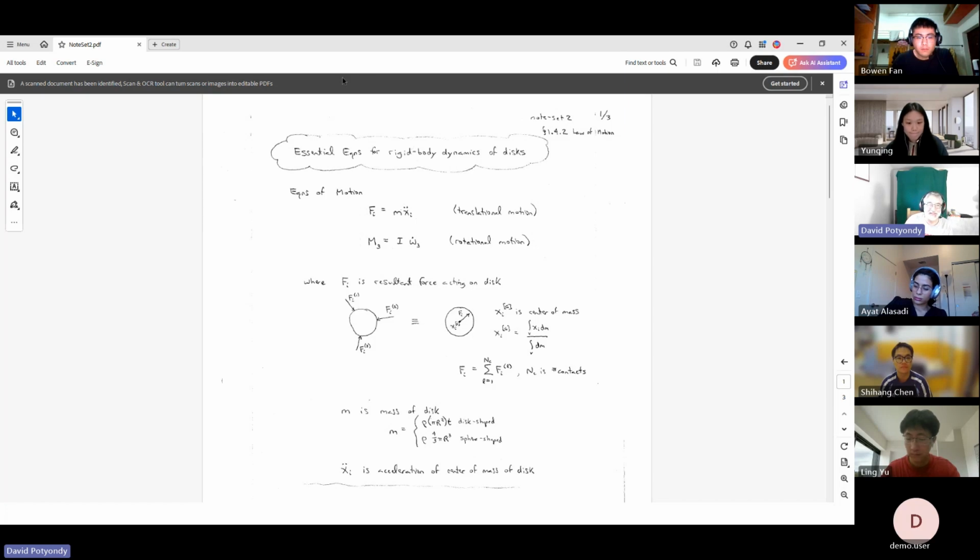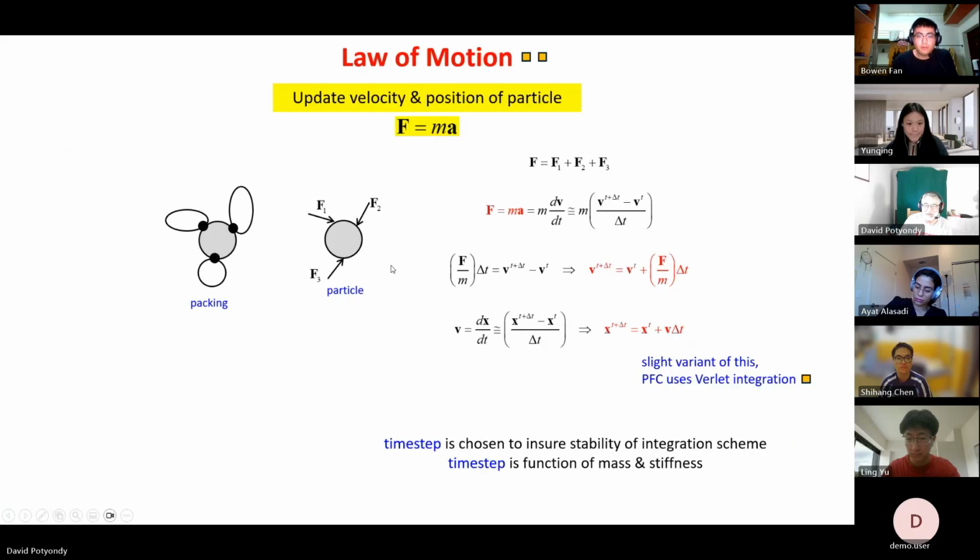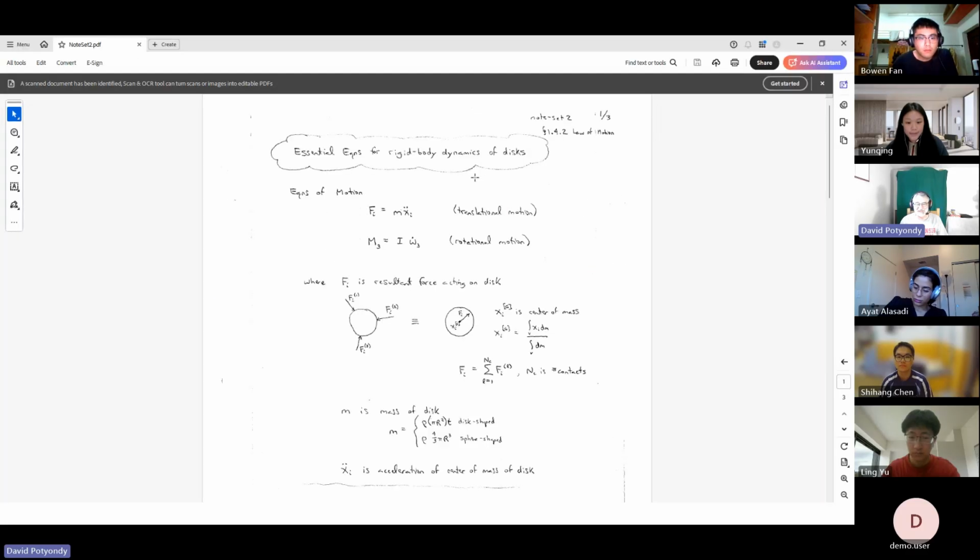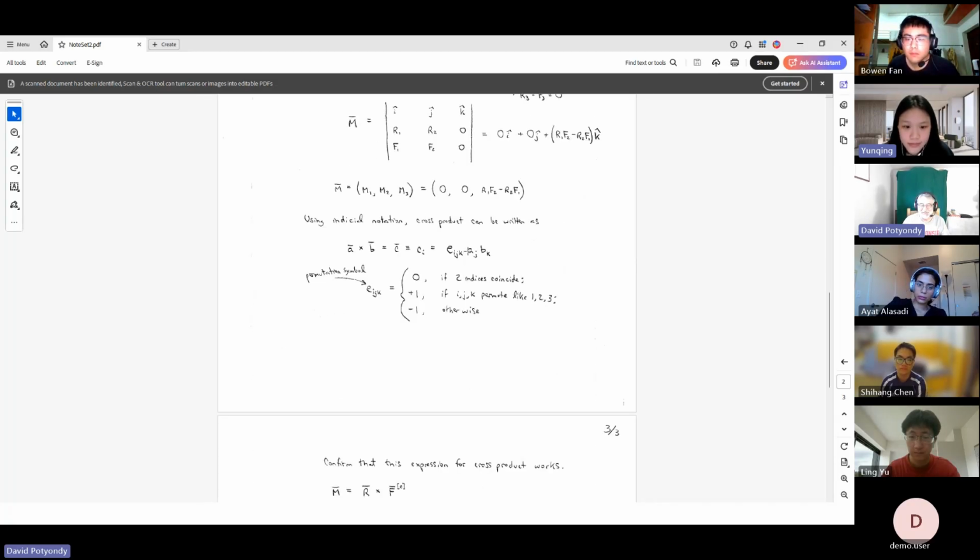In this presentation, throughout where it's appropriate, that one was talking about the law of motion. See, here you go. Force equals mass times acceleration, rotational motion, moment equals I times omega dot, right? So all this stuff is worked out. The details are worked out here if you want to know more.